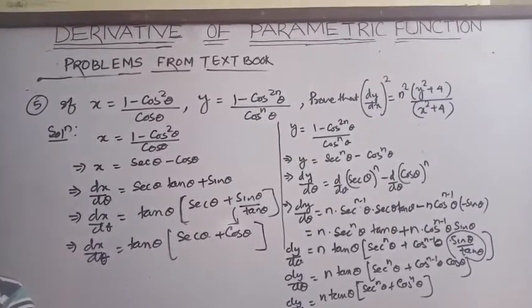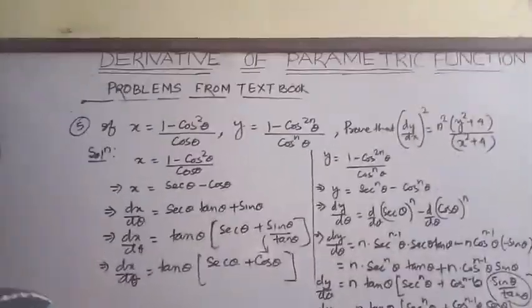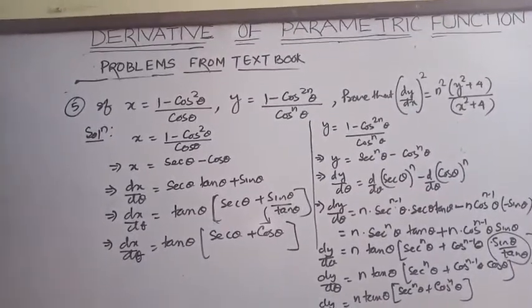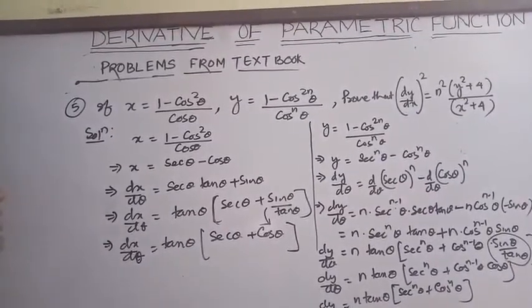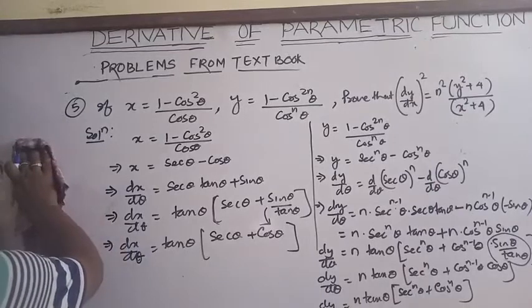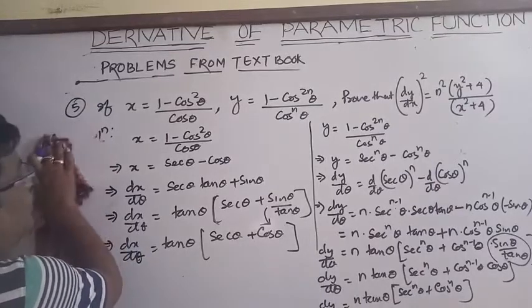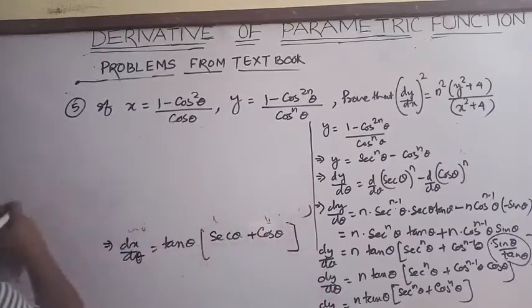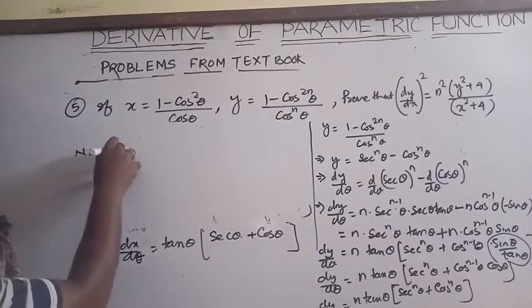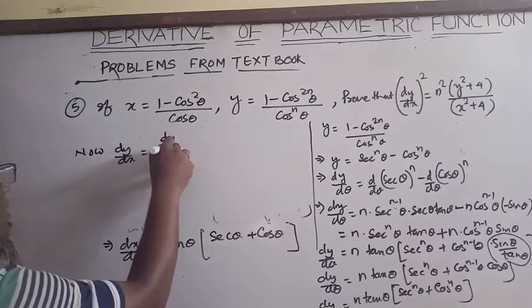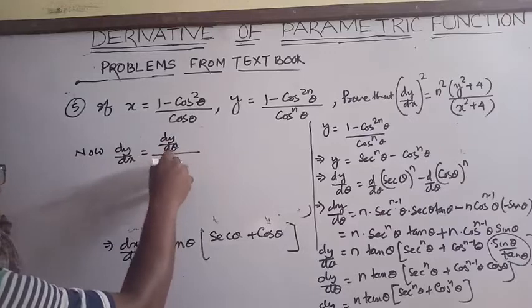Right? Now to find dy by dx: dy by dx is equal to dy by d theta divided by dx by d theta.